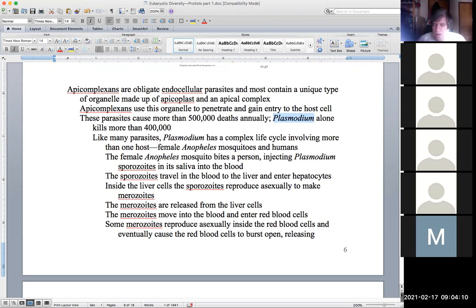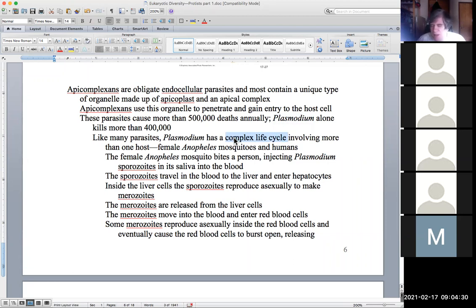And like a lot of parasites, we've already seen some examples, Plasmodium has a very complex life cycle. And this is something we often see with parasites. They have a life cycle involving more than one host, more than one organism that they live in.